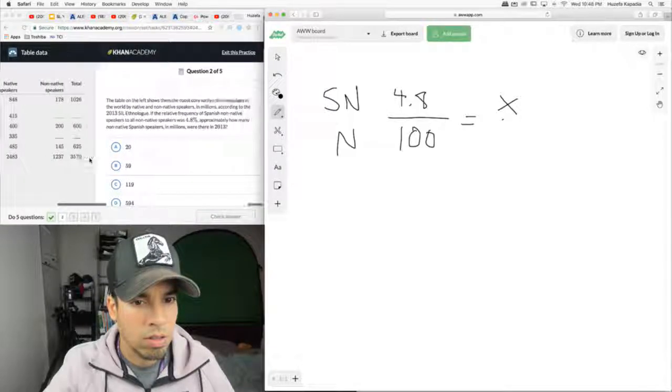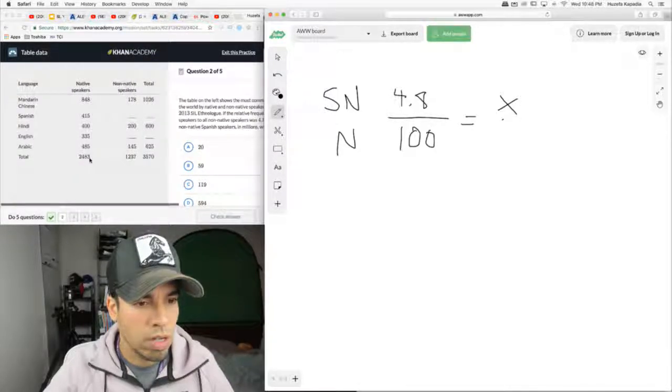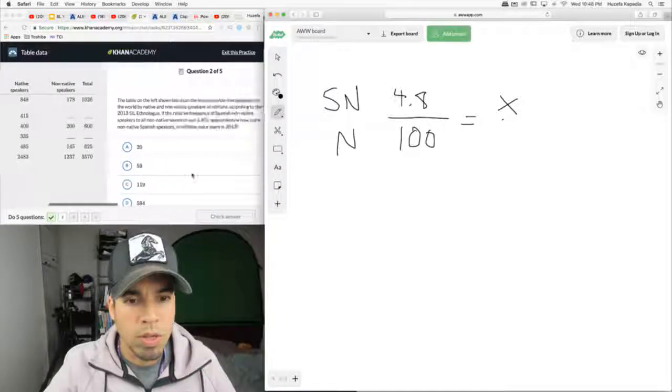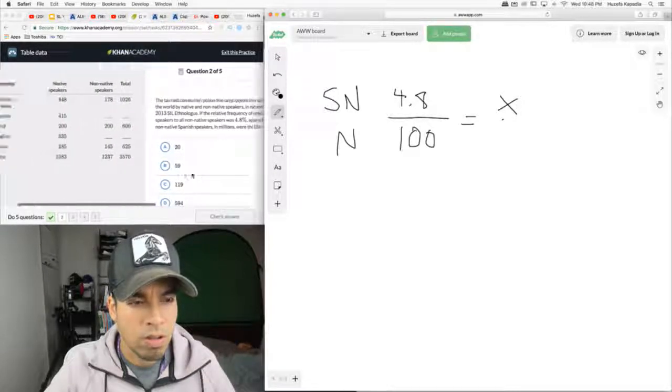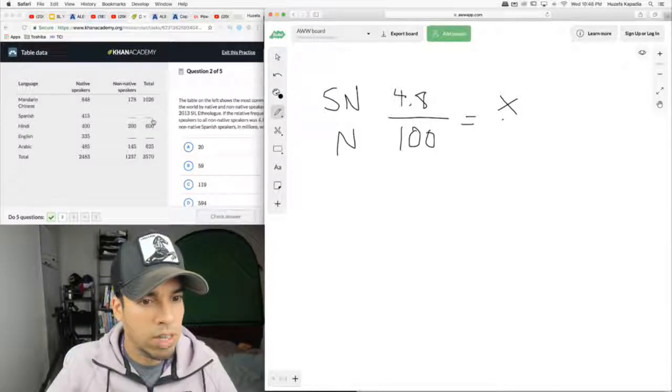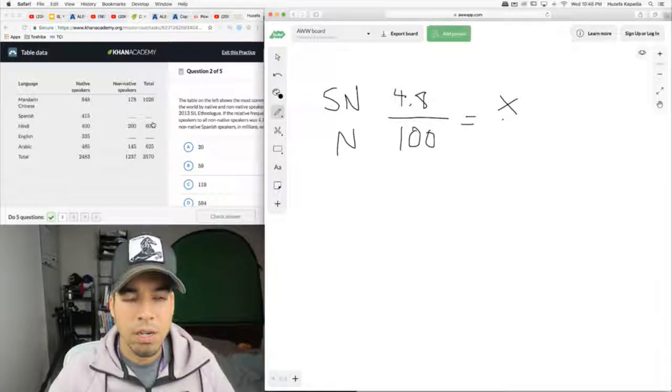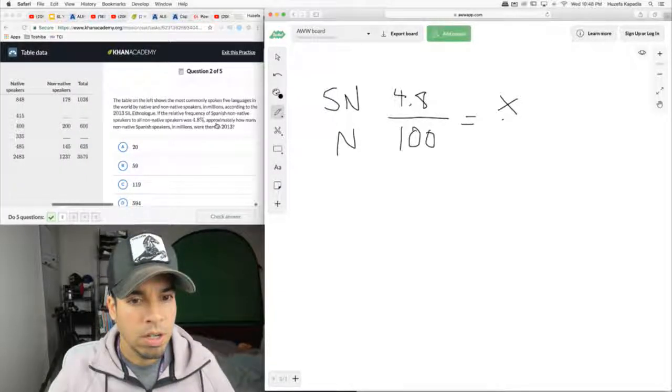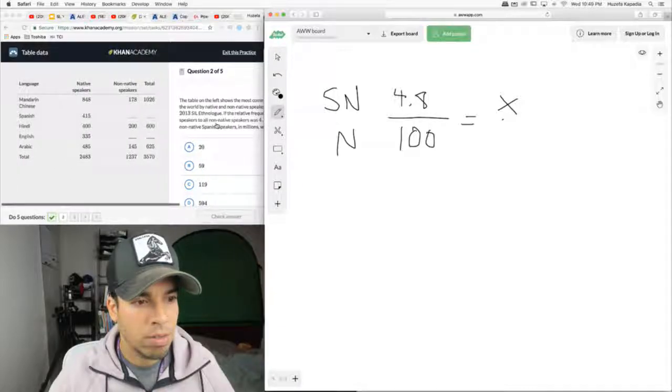And this is all 2013. So here's one way we can do this: I can figure this out by saying we've got a relationship of Spanish non-native speakers to all non-native speakers.